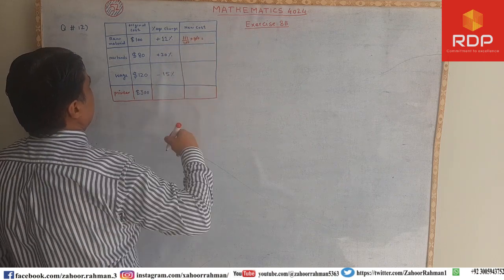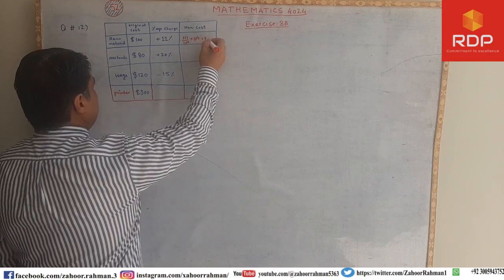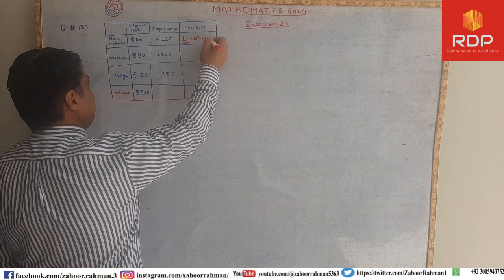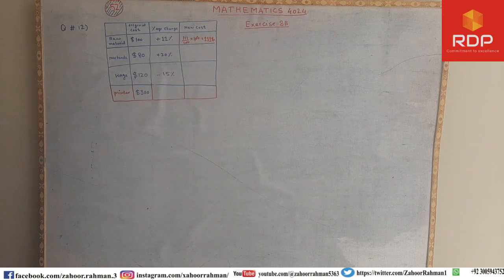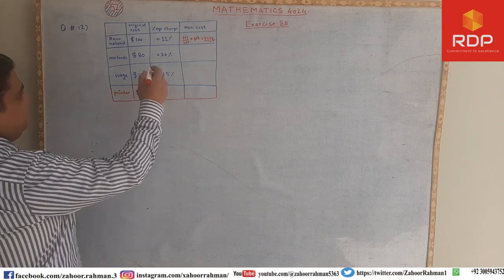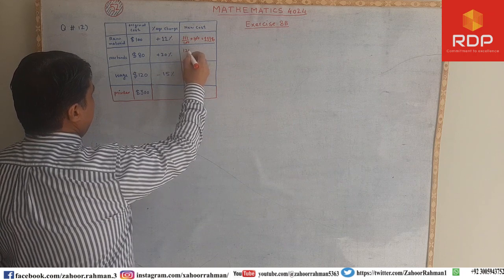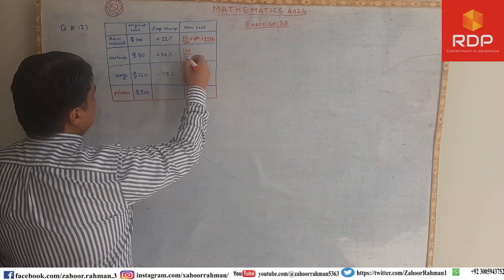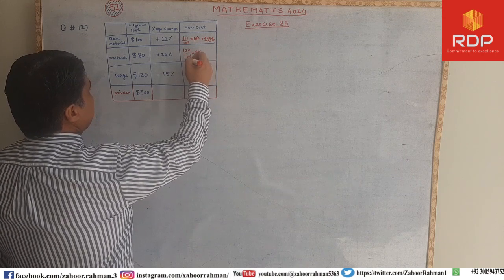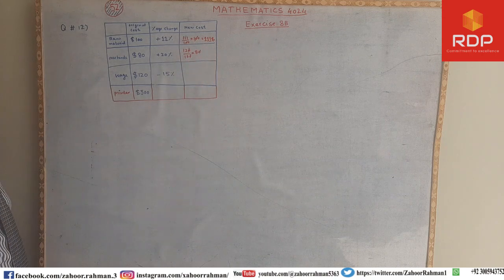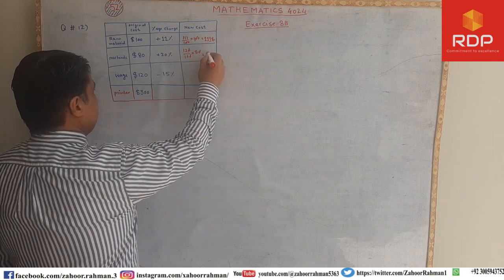If 80 is increased by 20%, it means we have to find 120% of 80. So this 0 will be cancelled with this 0, and it will be $96.